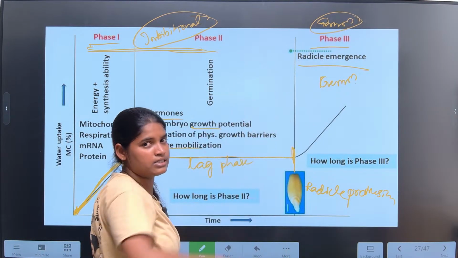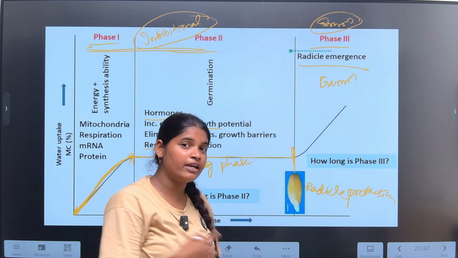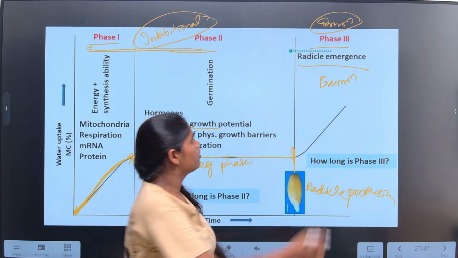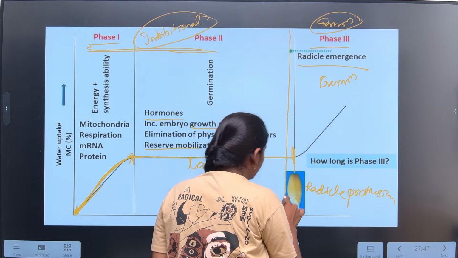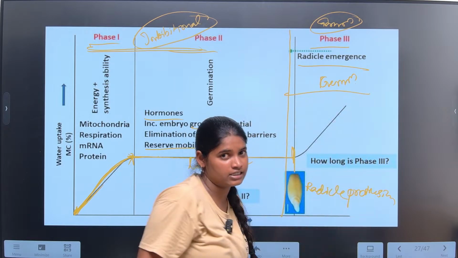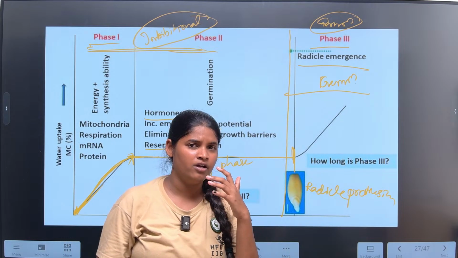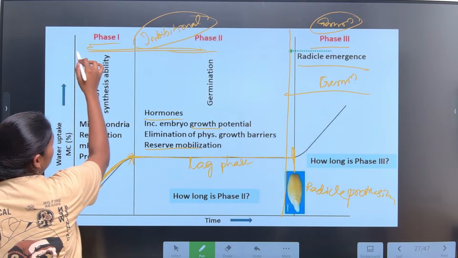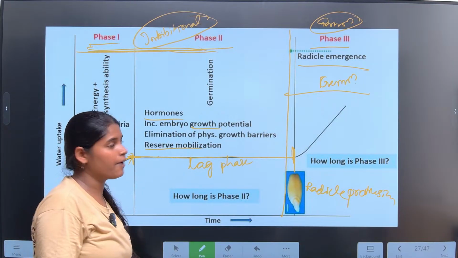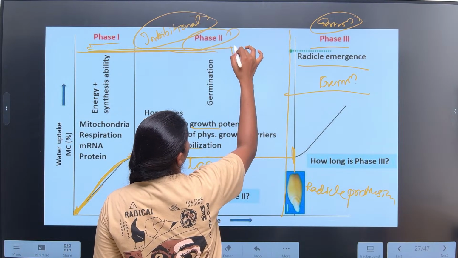So the dormant seeds we are seeing now, the seeds which do not germinate will not enter phase 3 itself. But all other seeds, whether dormant or non-dormant, will go through both of these phases. That is why we are doing priming here.